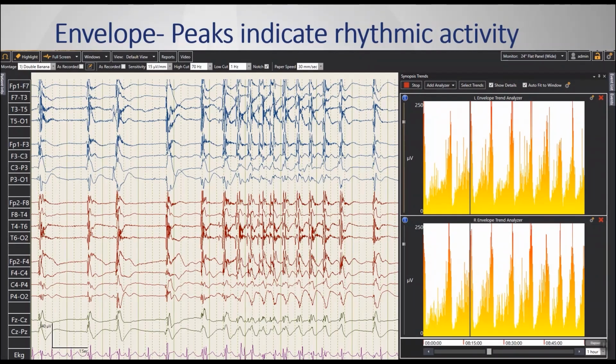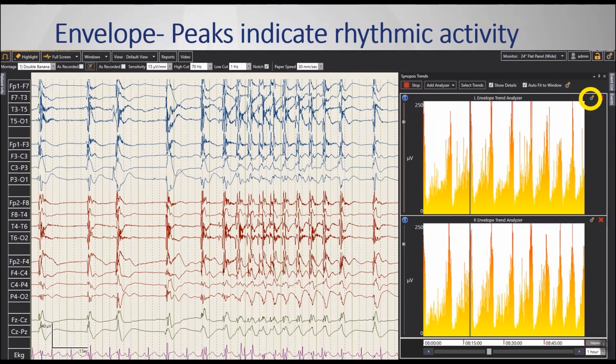So in this example to the right, we have the left envelope trend on top, we have the right envelope trend on the bottom, and very simply what you can do is look at that and say, well, our window is an hour, so there are approximately 1, 2, 3, 4, 5, 6, 7, 8, 9, almost 10 seizures during each hour that we display on the screen. So that's what it's really good for. Again, it's not that you need it to find that seizure, but it's very helpful to quantify how many are occurring.